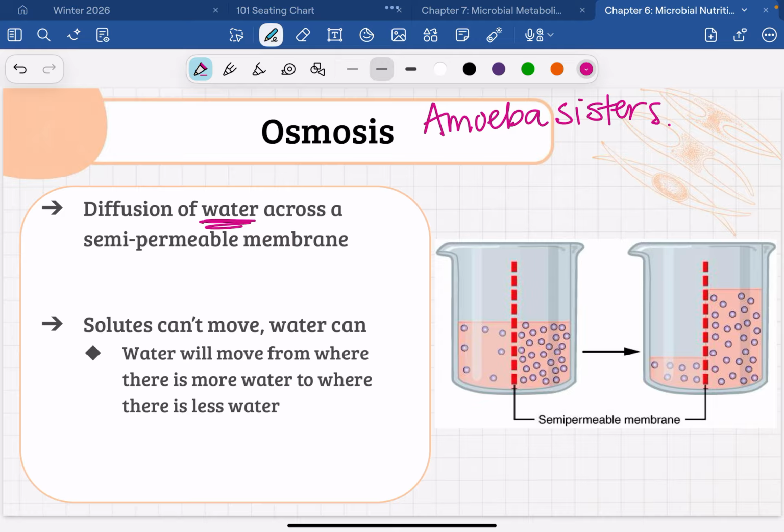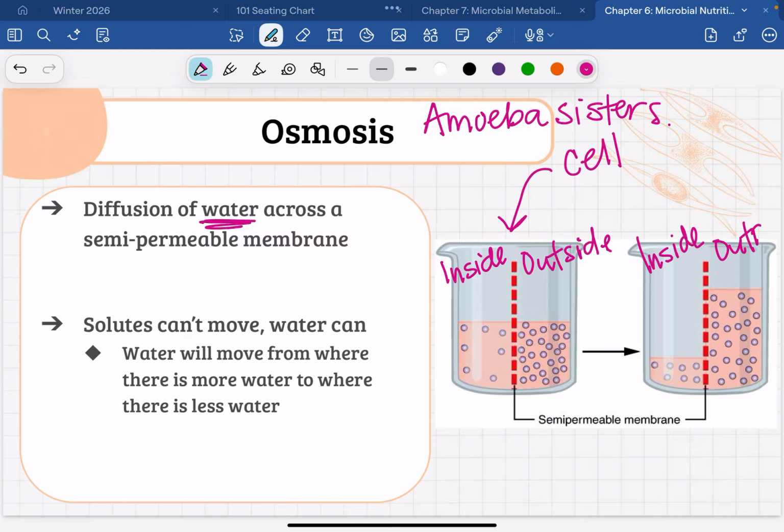So in this particular scenario, we're pretending that this is a cell, right? It doesn't matter which side is the outside, which side is the inside, but we'll say that this is inside and this is outside, okay? So say a cell gets put in this scenario right here, where we look at what's happening with the solutes.